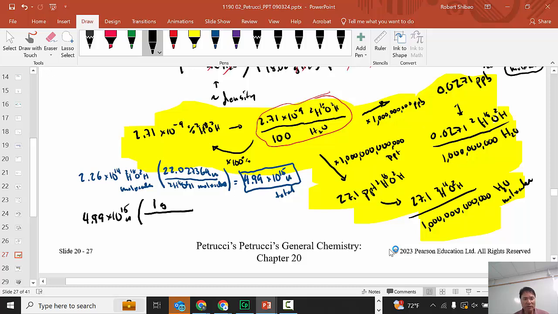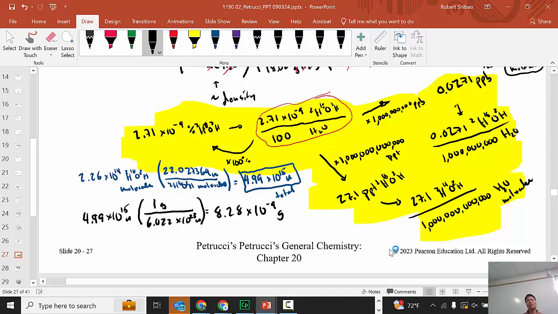And so 1 gram is equivalent to an Avogadro's number worth of U. And so let's see how many grams of H2 are the heaviest of the water molecules you consume. So 4.99 times 10 to the 15 divided by 6.022 times 10 to the 23rd gives us 8.28 times 10 to the minus 9 grams.